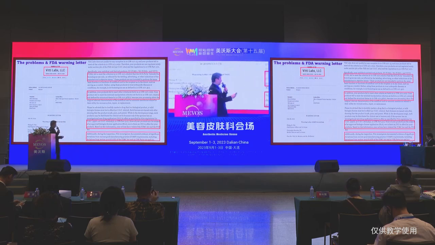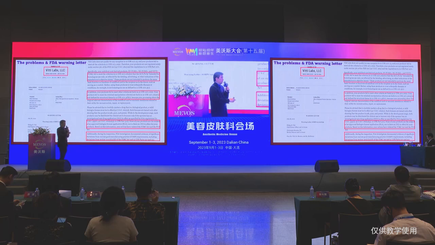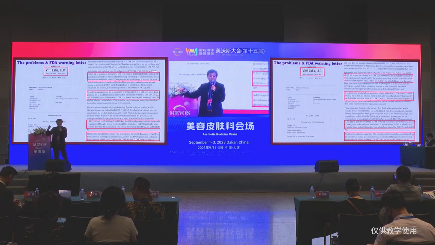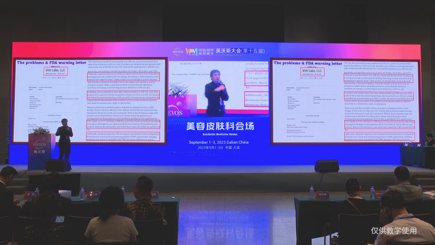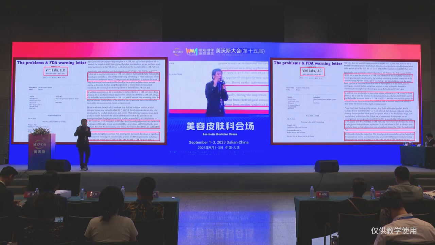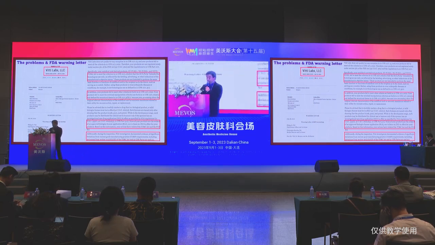And the last one, I think the FDA said your production is a violation of the CGMP rules. You are making these products in a CGMP facility, however, you do not follow the CGMP guidance.